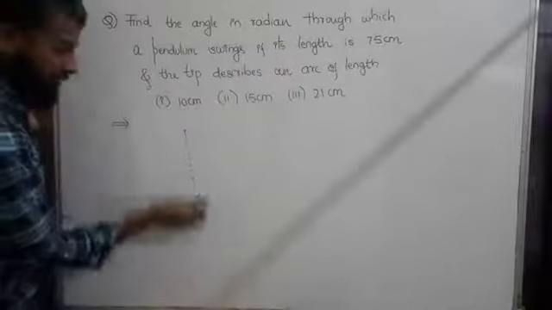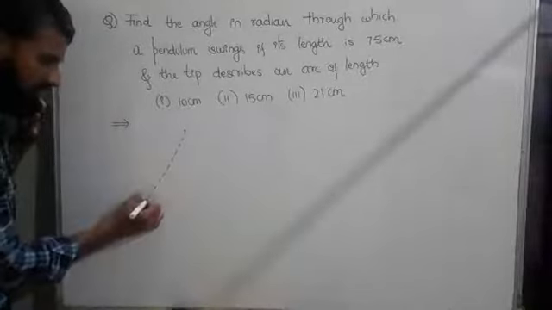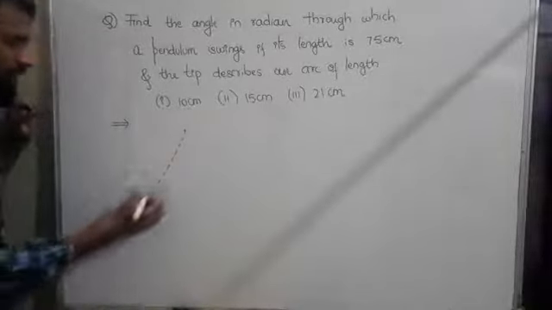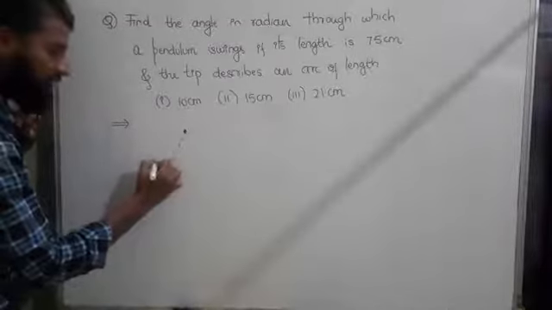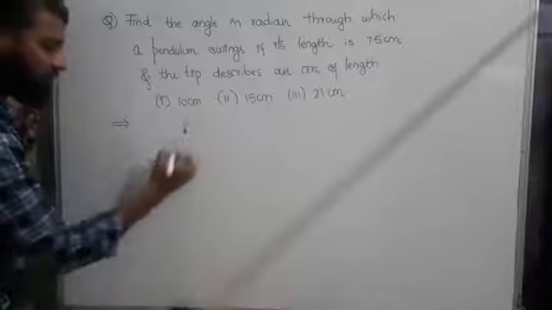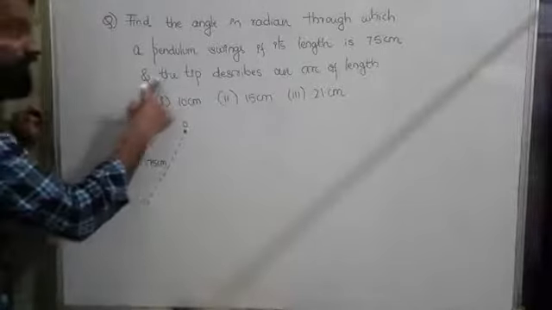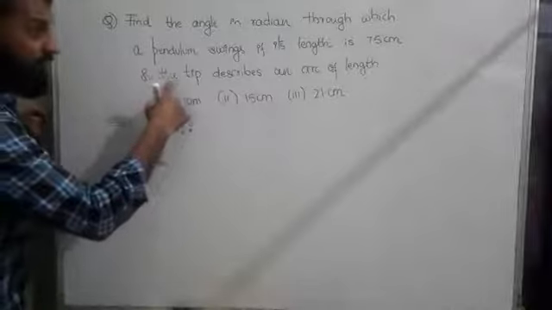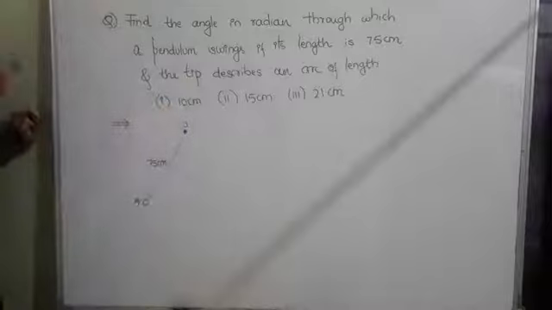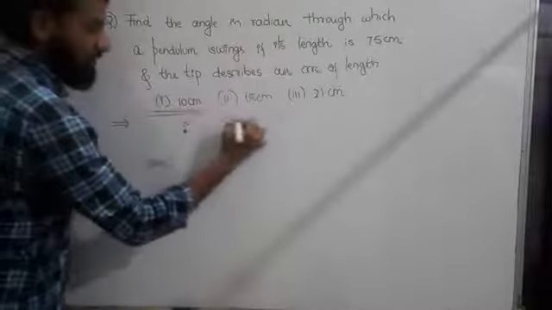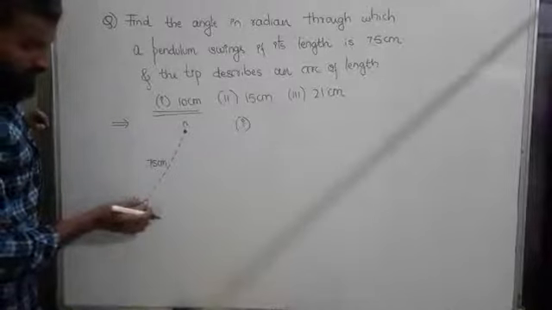Let me call this our pendulum string, which is of 75 centimeter. Let's call this O and this A. And the tip describes an arc of length 10 centimeter. So I'll take the first question. This is the bob.